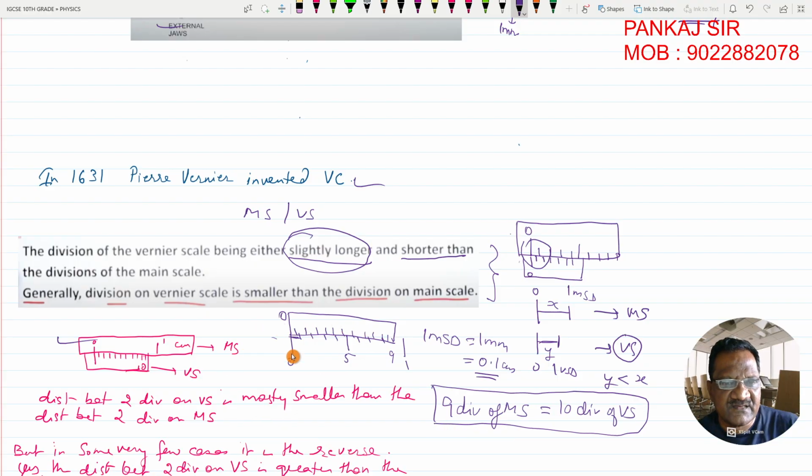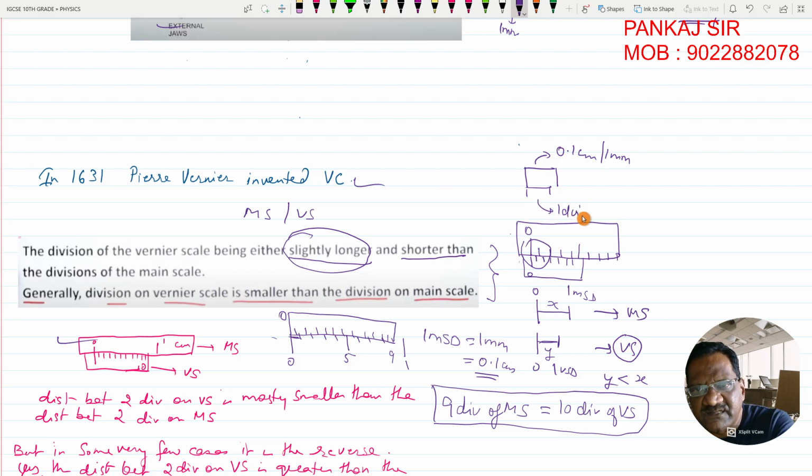Now when we make this arrangement, this type of situation arises, that is, suppose this is one division of the main scale, which is how much? It is 0.1 centimeter or 1 millimeter, and next to it you have one division of the vernier scale. Now the vernier scale division is not calibrated in centimeter or anything, it is just equal divisions.